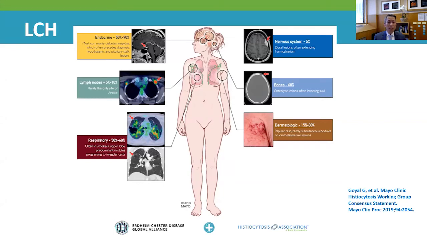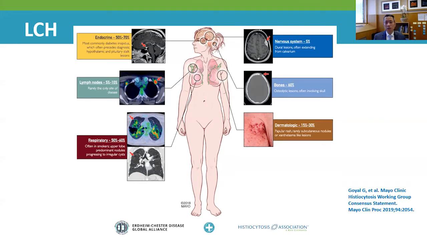The other main manifestation of Langerhans cell histiocytosis is actually pulmonary involvement, where about half of the patients, especially among smokers, will have what we call cystic and nodular lesions in the upper lung fields. And then the rest, including diabetes insipidus, endocrine symptoms, and sometimes central nervous system symptoms, we will see in LCH as well.